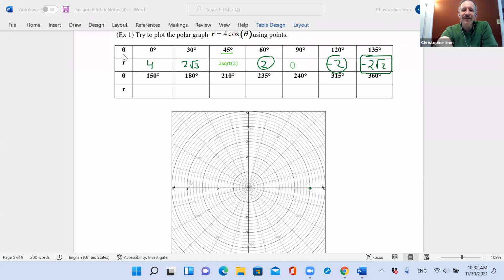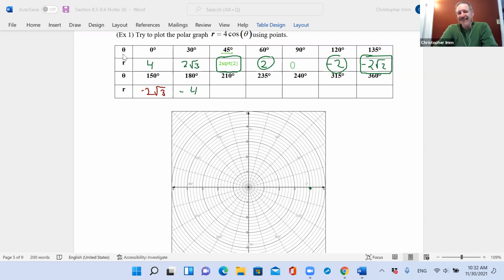This one would match up with this one, except it's going to be negative because it's in quadrant 2. What did you get for the 150? -2 square root of 3. Perfect. All right. And then 180, wouldn't that just be -4, right?